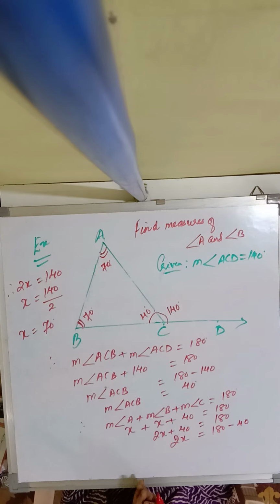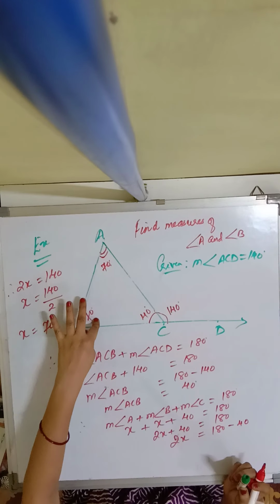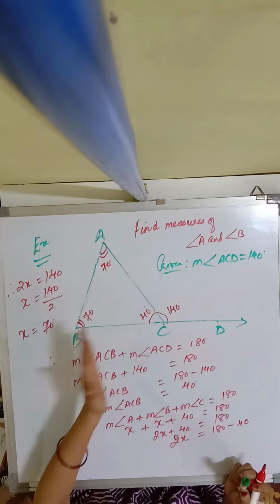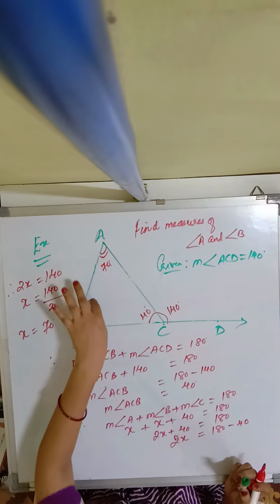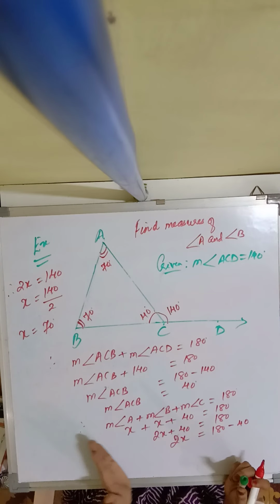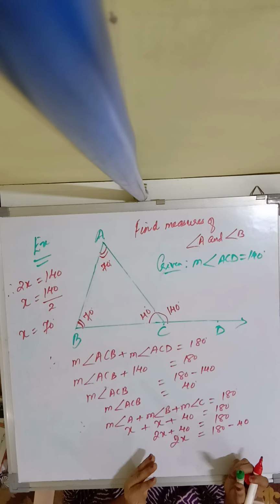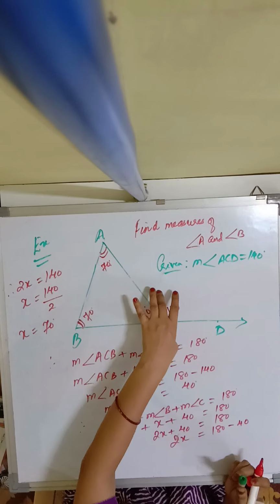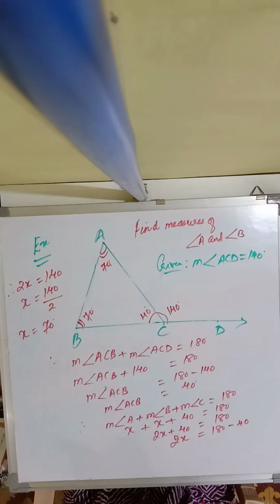Now let us check. 70 plus 70 is 140, 140 plus 40 is 180. That means the sum of measures of all the angles is 180. So this way, children, you will come across this type of sums. When the exterior angle is given, you can find the interior angles.